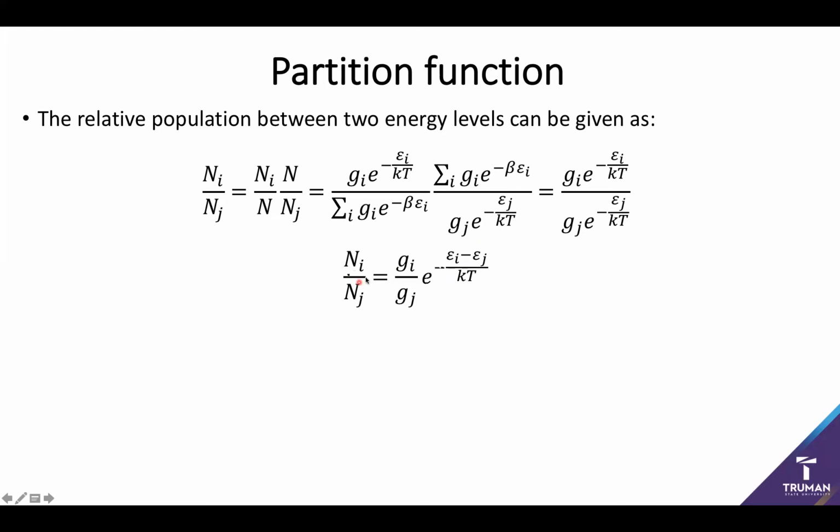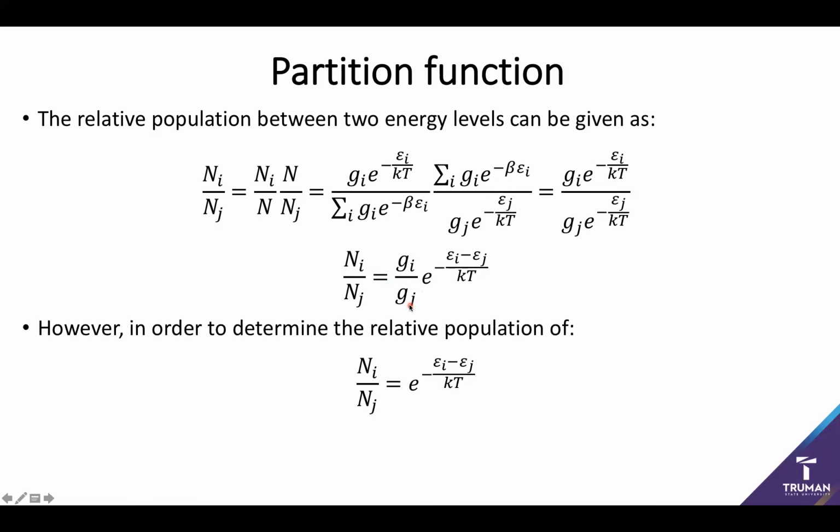So I'd be very unlikely to be found in that high energy state unless degeneracy is able to help rescue me. However, if I'm looking at energy states, the degeneracy for each of those states should end up canceling out. So this would reduce our relative population to just being the exponential of the differences in energies.